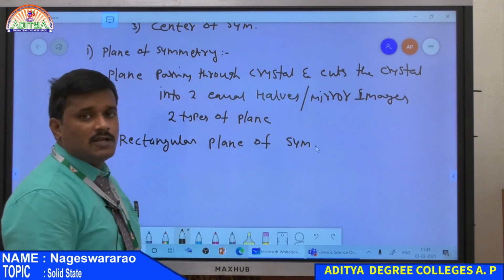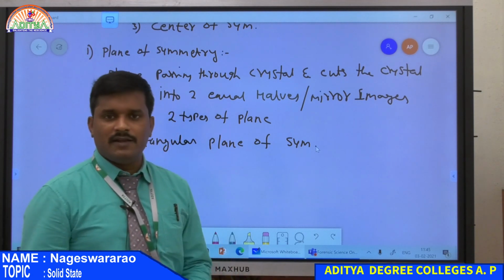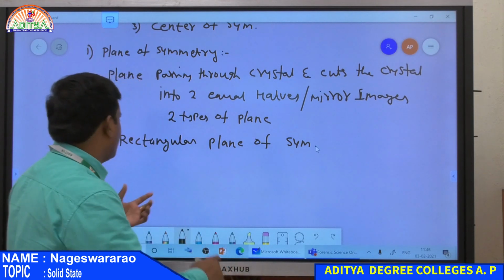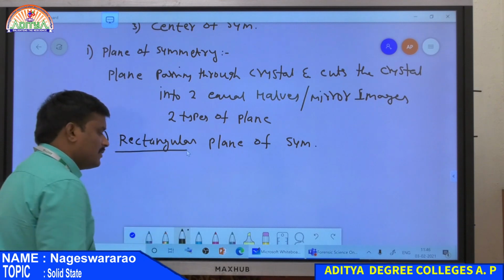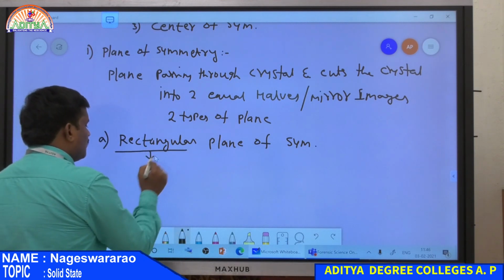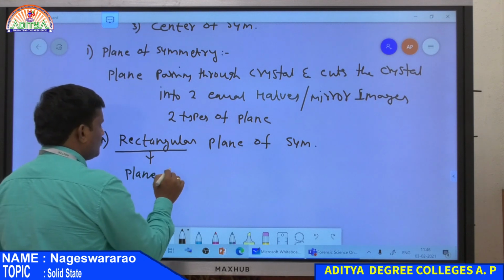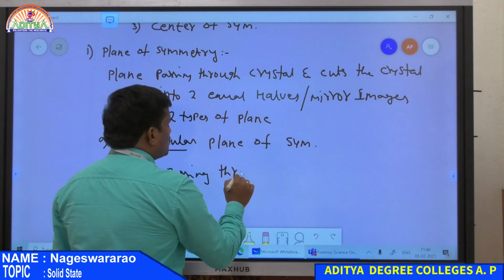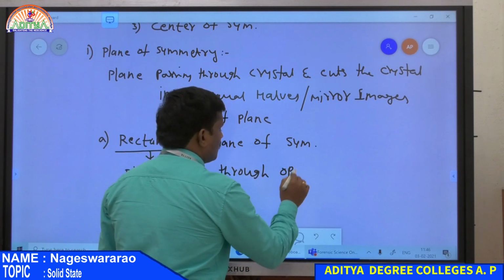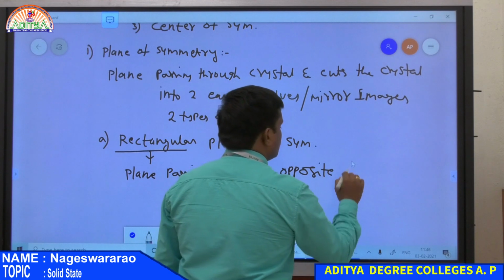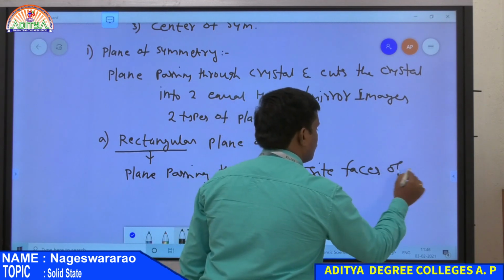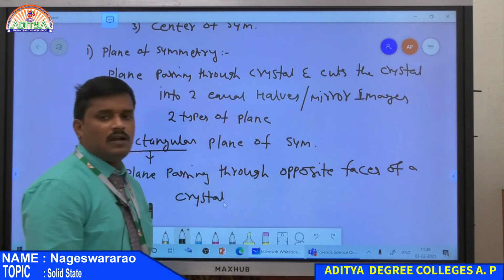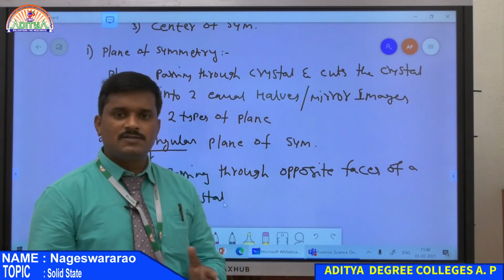Rectangular plane is a plane that passes through opposite faces of a crystal and cuts the crystal into two equal halves, that is, both are mirror images.